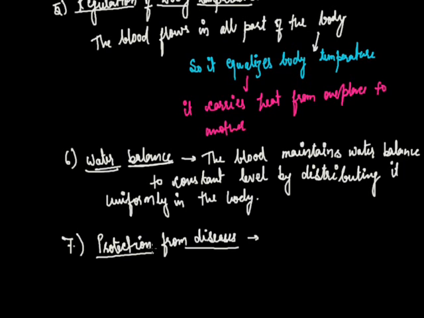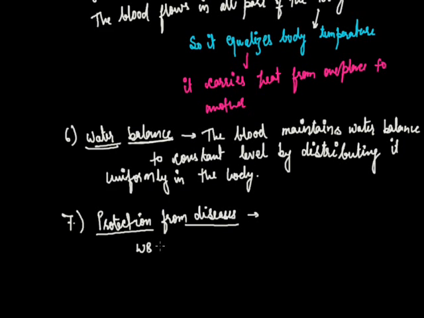The function of WBCs is to increase the immunity and resistance power of the body. The lymphocytes produce antibodies to neutralize the action of toxins produced by pathogens.